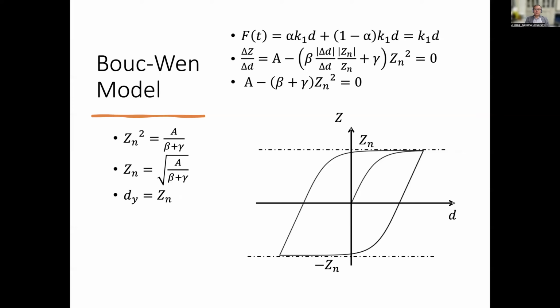So beta plus gamma should not be smaller than 0. The safe way is for both to be positive. And for the case of A equals 1, beta plus gamma decides the yielding displacement.